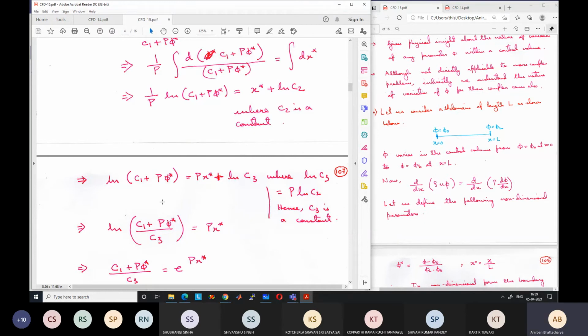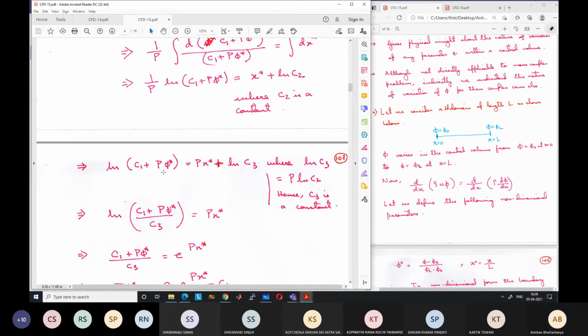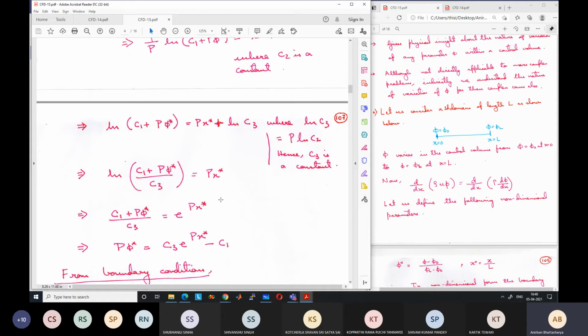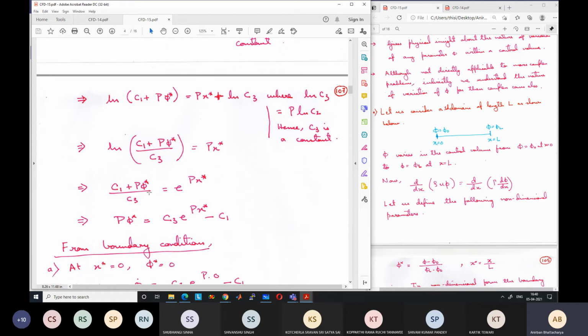Let us rearrange these terms. If you take ln c3 to the other side, it becomes ln (c1 + p phi star) minus ln c3. By taking c3 inside the log, because there is a minus sign, it will come to the denominator. So you can write this as log of (c1 + p phi star)/c3 is equal to p x star.